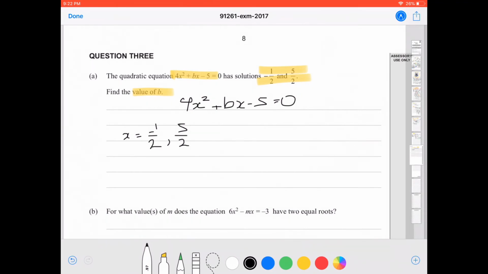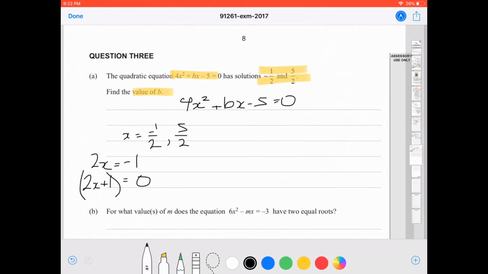Okay, and what we did before is say, looking at our first solution here, negative a half, 2x equals negative 1, and 2x plus 1 equals 0 becomes a factor, right? 2x plus 1.